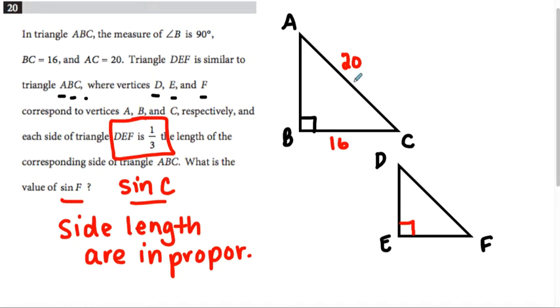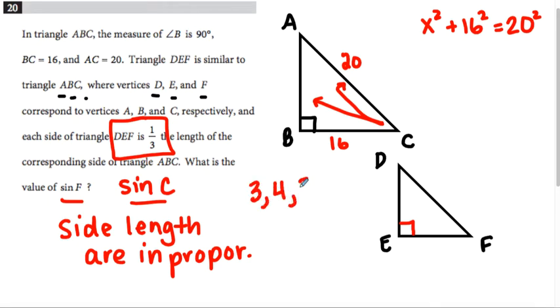But what I do need is, if I want the sine of C, I need the opposite and the hypotenuse. Okay, so you have a couple options here. You could do the Pythagorean theorem. So x squared plus 16 squared equals 20 squared. Or you might recognize this as a 3, 4, 5 Pythagorean triple.